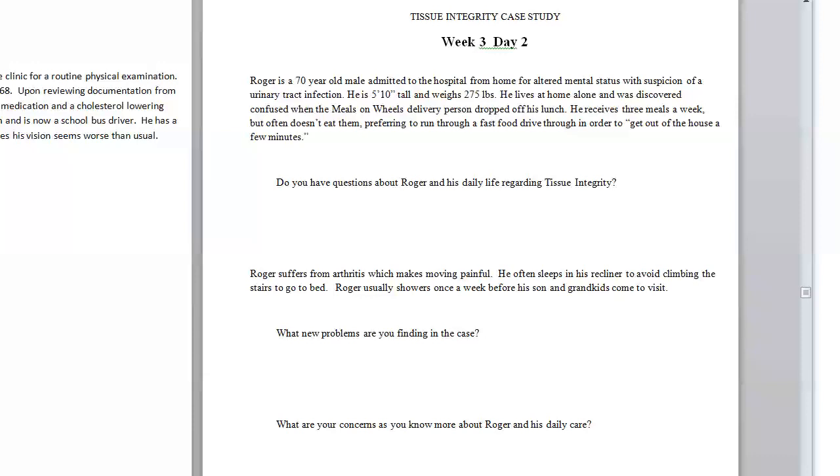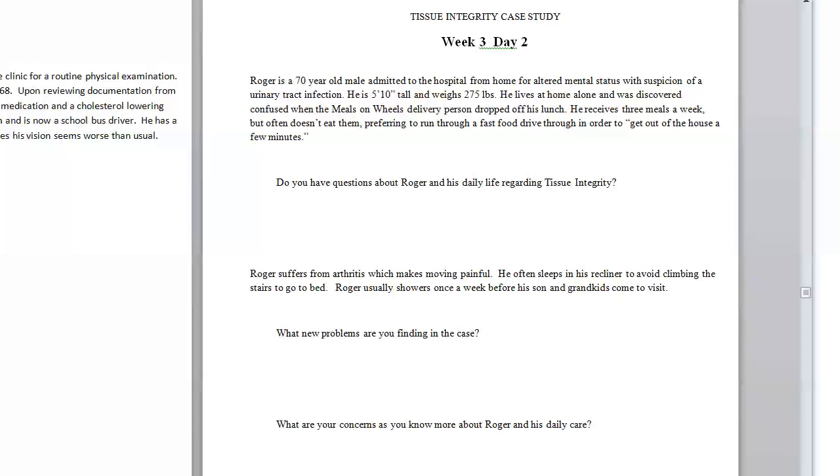And because of his weight, I'm also concerned about his mobility. Is he fully mobile? And again, looking at his home environment, really doing a safety check in regards to does he have stairs? Are there rugs around the house that could unfortunately be a safety hazard?